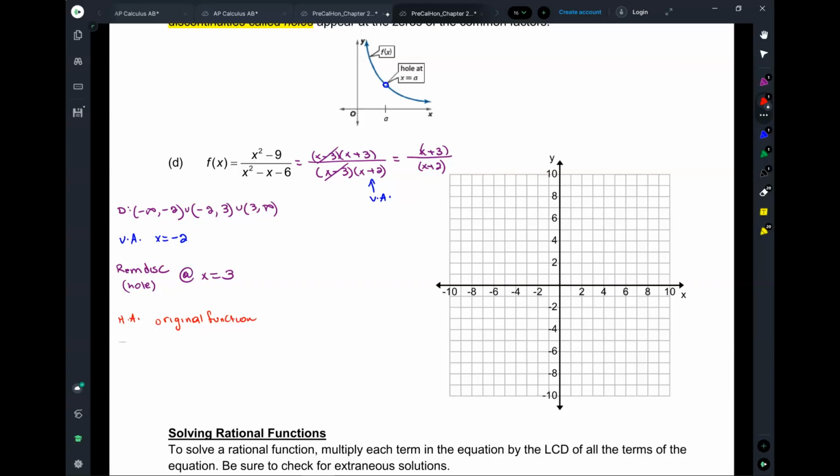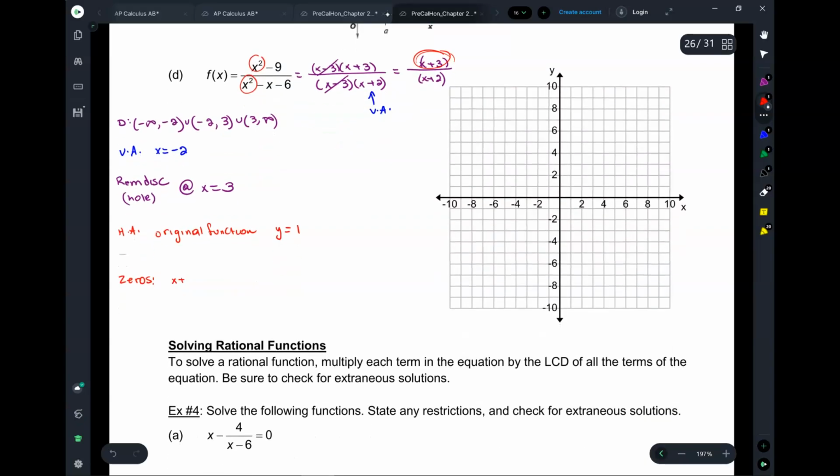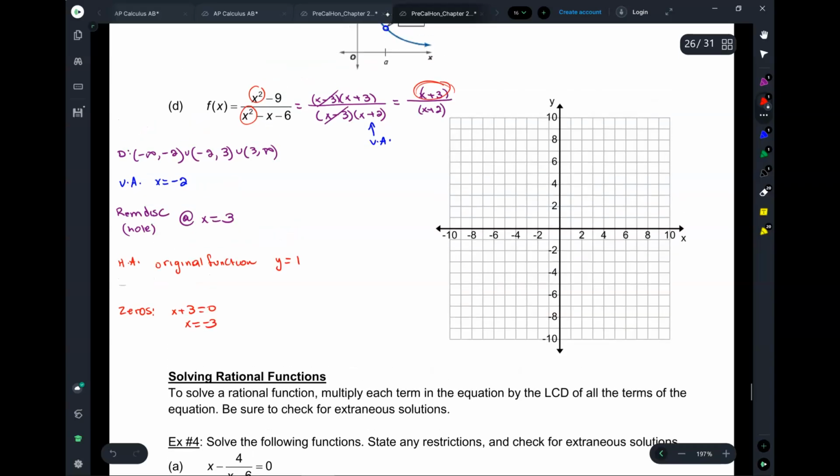So when we go here, it's x squared over x squared, so the horizontal asymptote is y equals 1. Okay, what about the zeros? Because the x minus 3's cancel, it's enough to just take the remaining x plus 3, set it equal to 0. So x equals -3.